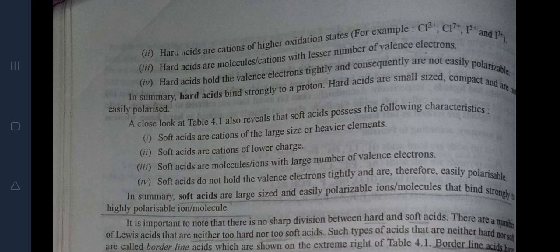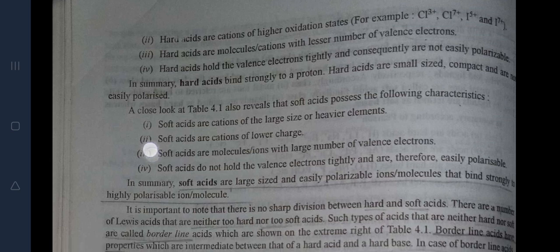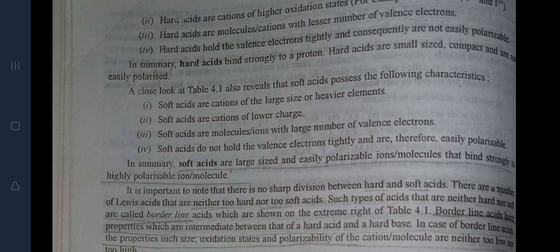Soft acids do not hold the valence electrons tightly and are therefore easily polarizable. In summary, soft acids are large sized and easily polarizable ions or molecules that bind strongly to highly polarizable ions or molecules. It is important to note that there is no sharp division between hard and soft acids.